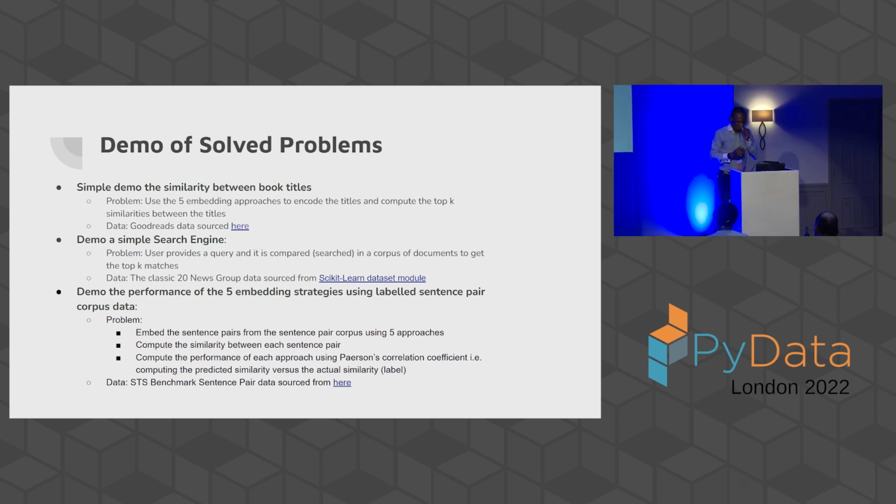Okay, cool. So before I go into the code, maybe I just walk through each demo one by one again. So the first one I mentioned earlier is the book title problem. And the idea is that you have a list of book titles, and you select one title, and then you compare that against the rest of what's in the corpus, and then you see how close is that title to the rest of the titles in the corpus.